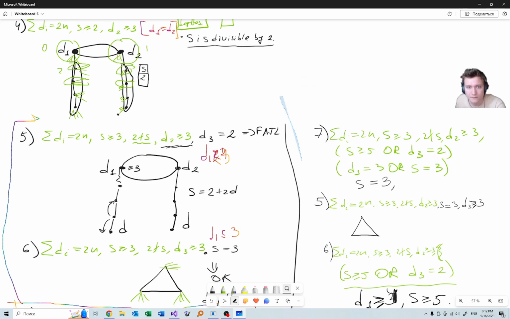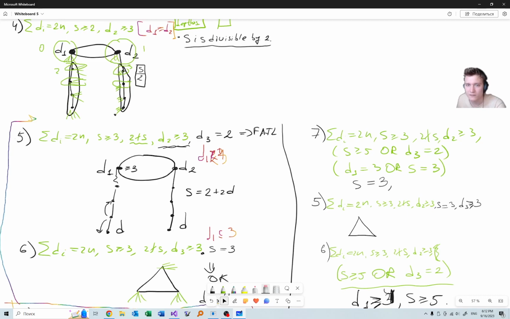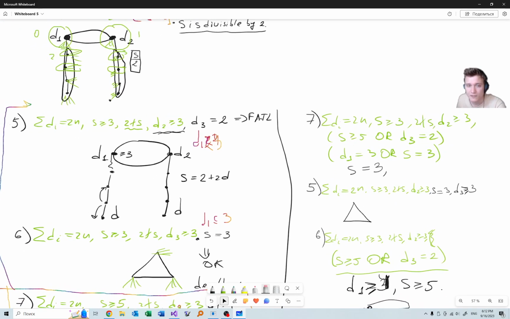Okay. Now, what I will do is I will rewrite these cases. So again, let's rewrite what we know and what we imply. So here we do not know anything, and we just want to say that S equals 3 and d2 and d3 equals 2.